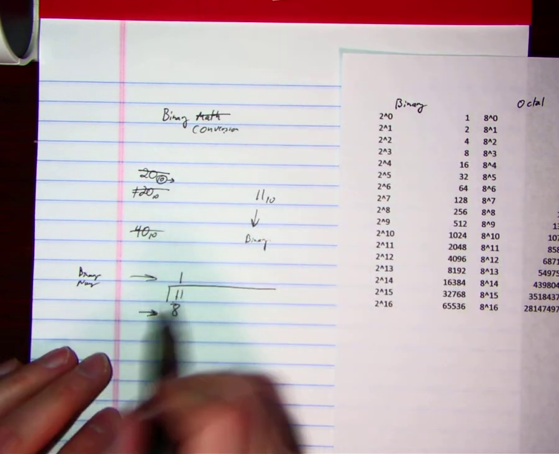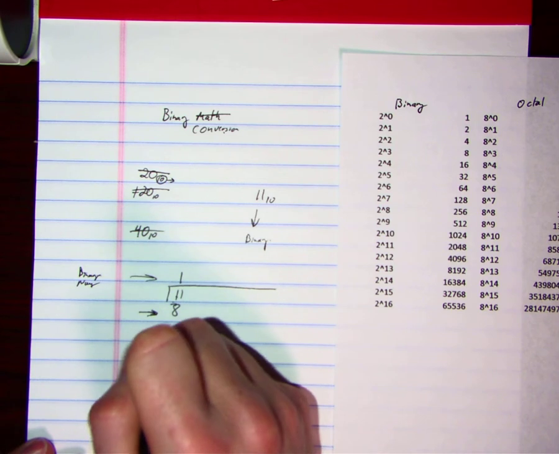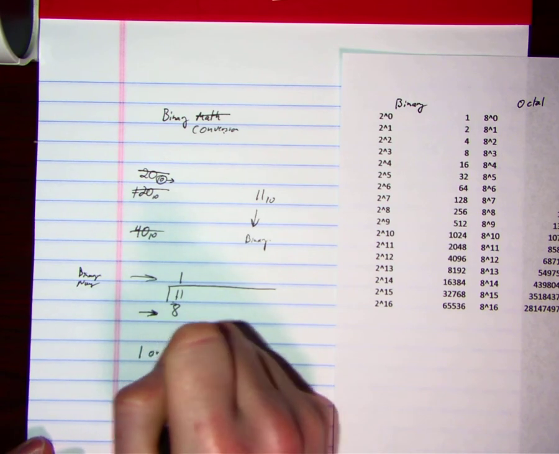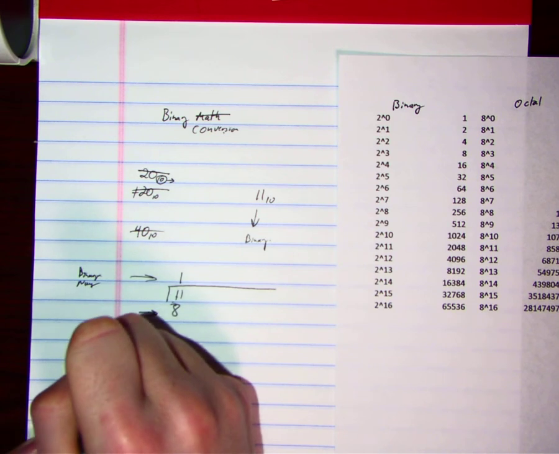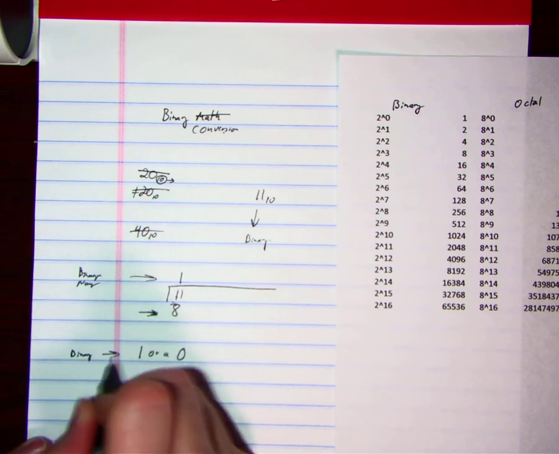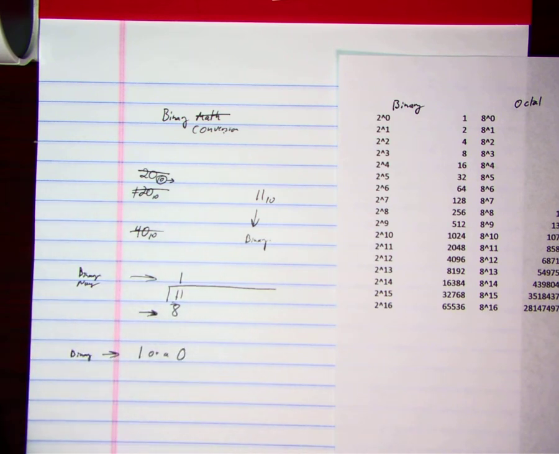Now these binary numbers will always be a 1 or a 0. It'll never be a 2 or a 3 or any of that. Binary is simply a 1 or a 0. It's on or off. Very, very plain and simple as that.